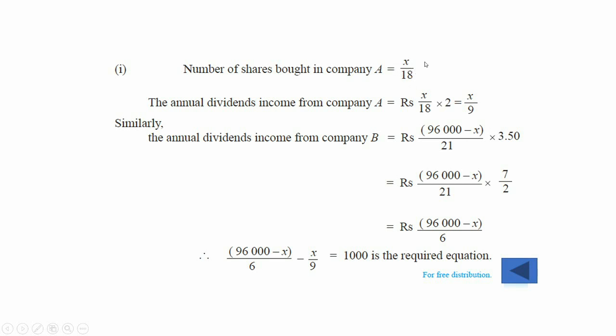As an example, if you invest 1000 and the price per share is 10, 1000 divided by 10 gives 100 shares you can earn. Here also the same thing happens.